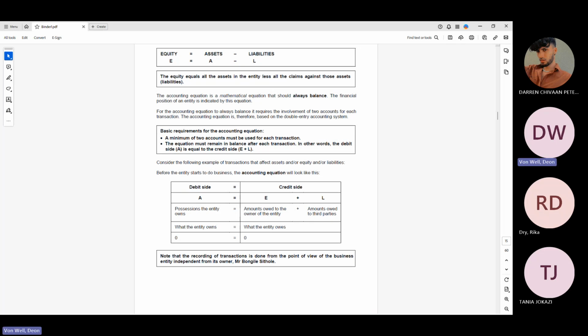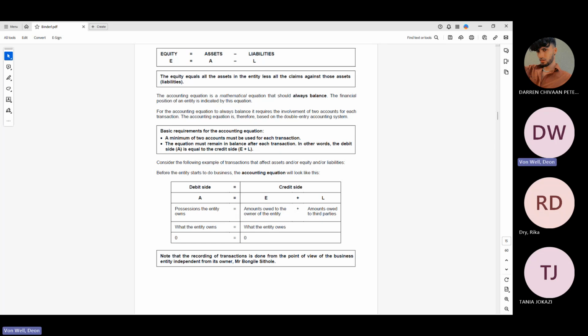So my equity is the money that is owed to the owner. It's almost like he has given a loan to the business, but we don't call it an owner's loan. We call it equity. It's only a loan when we go and borrow from the bank. When we borrow from the owner, we call it our capital contributions. So the money we owe the owner of the entity is equity.